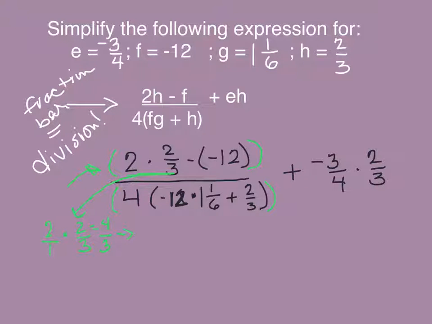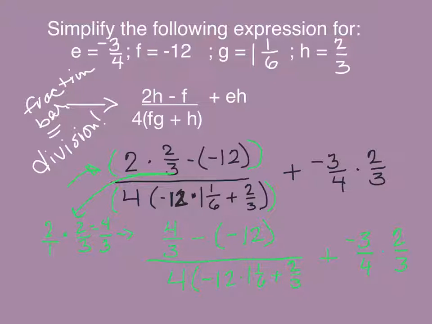So 2 times 2/3, we now know is 4/3 minus negative 12, divided by 4 times the quantity of negative 12 times 1 1/6 plus 2/3, and all of that, the answer to that, plus negative 3/4 times 2/3.